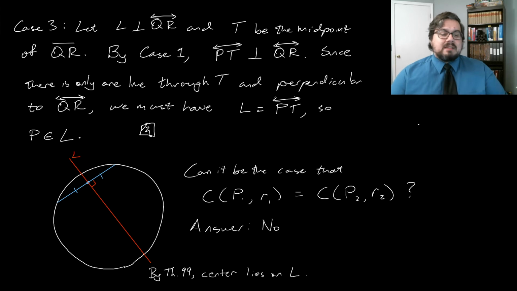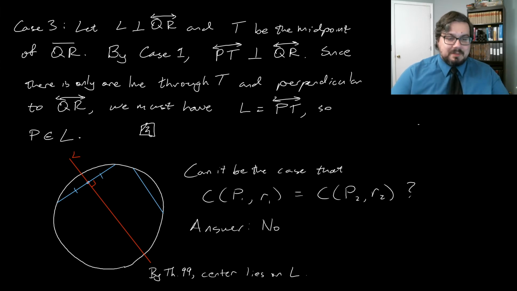Now, that doesn't, of course, narrow things down completely. There are lots of points on the line L. The point is, we can do this again. Just take almost any other chord in the circle, and the fact that I hand drew this means that this isn't going to be real perfect. But you can take any other chord, find its midpoint, and construct the line that's perpendicular to it. And let's call this line L prime.